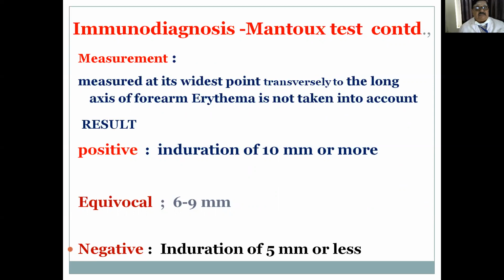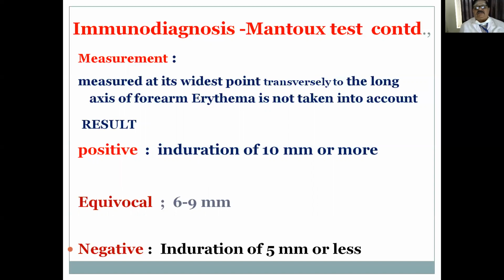Induration is something which you feel. Erythema is something which you see. Observe the difference. Erythema is not taken into consideration. Induration, you feel physically, you feel the lesion. So induration of 10 mm or more is a positive one.